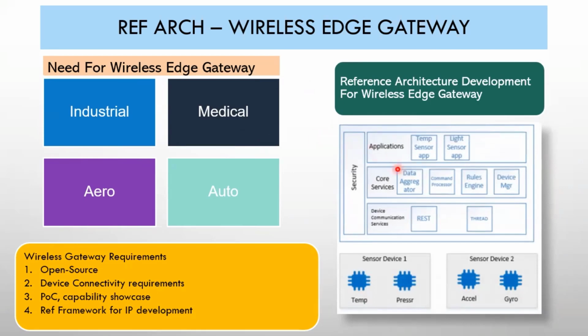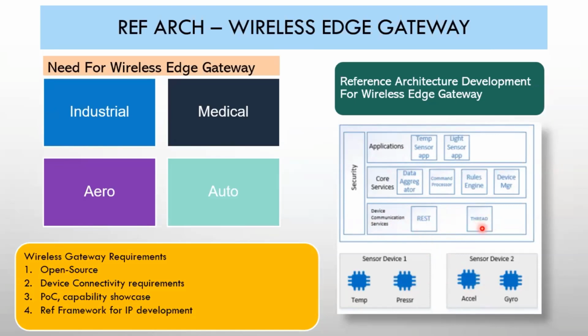As you can see here in this diagram, all these things have been developed by us. None of this is from open source. Everything we developed ourselves. As a POC, we developed these basic services and tried to communicate using these services to the end sensor device through protocols like REST and Thread.